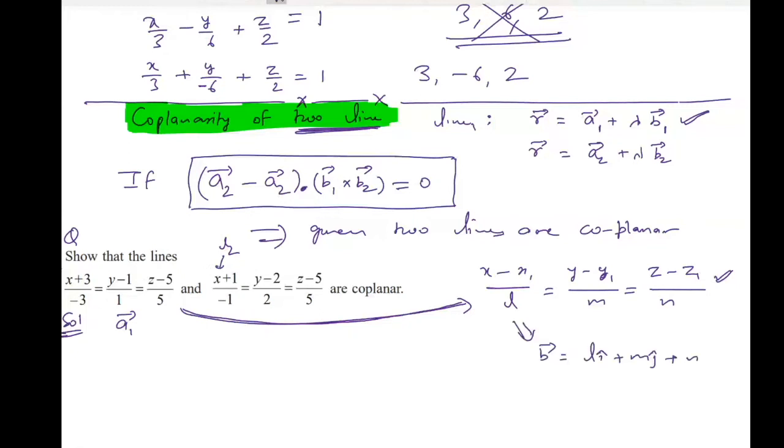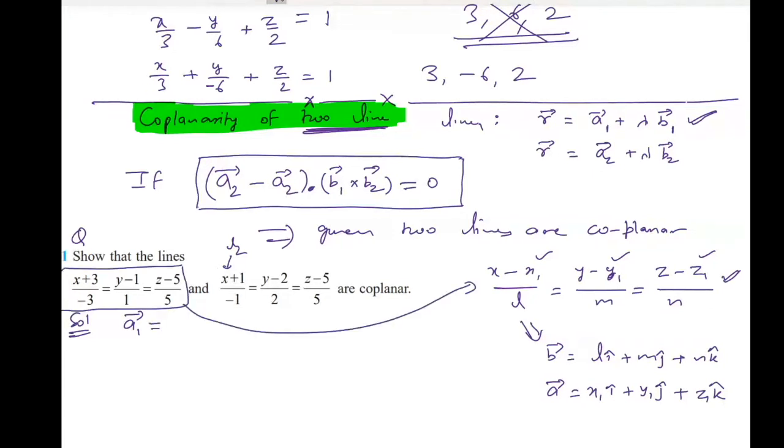The a vector is x1 i cap plus y1 j cap plus z1 k cap. Can you tell me what the a vector is from the first line, that is a1 vector? First of all, you should write this in this form.